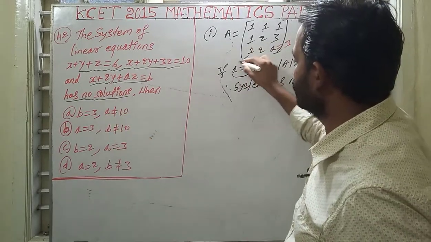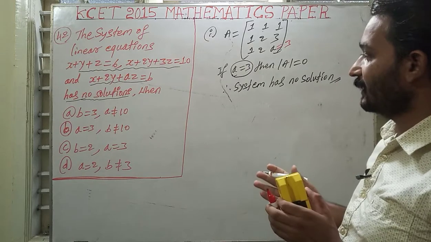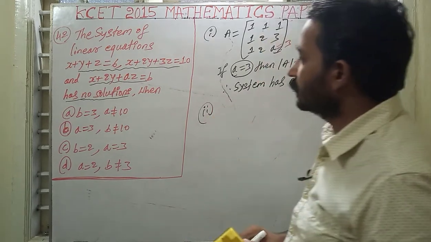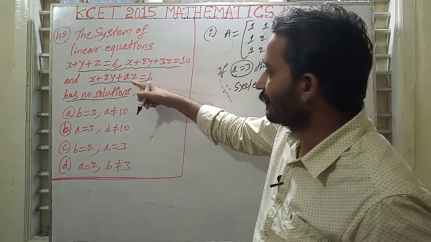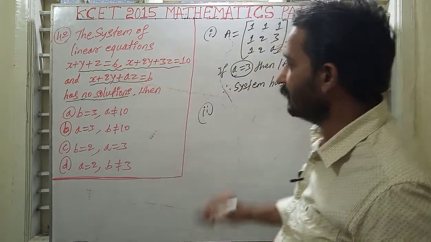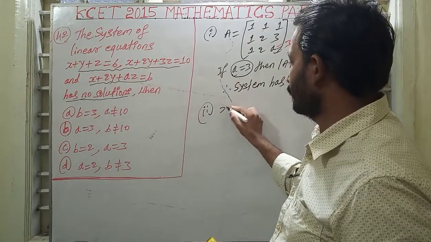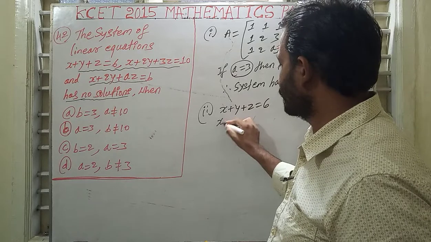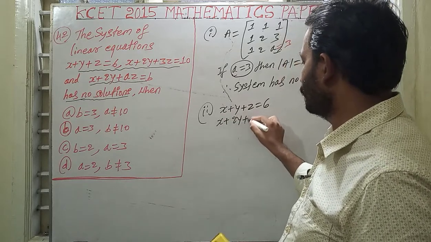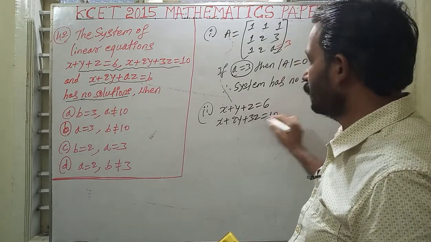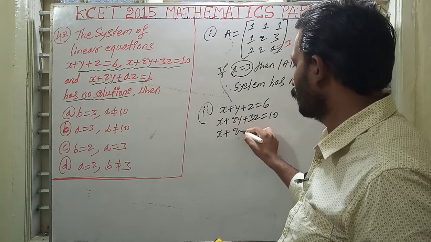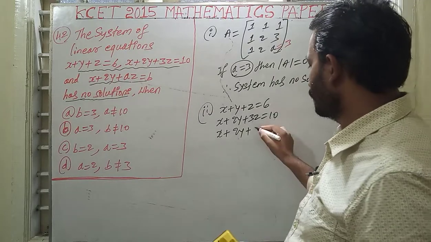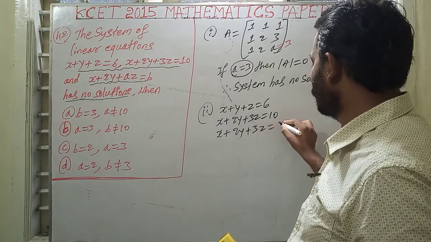This is a good answer, but we have to find the value of b in the next case. So take this as the second case. Now substitute the a value in this system of linear equations. The first linear equation is x plus y plus z is equal to 6, x plus 2y plus 3z is equal to 10, x plus 2y plus a becomes 3, so it can be written as 3z is equal to b.